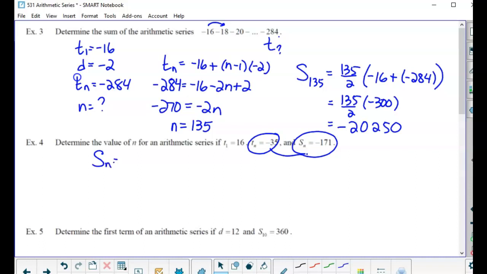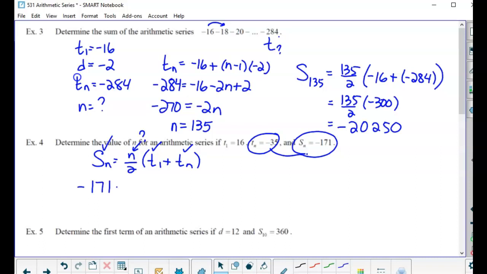So Sn equals n over 2 times t1 plus tn. So we're given t1, we're given the nth term and the nth sum, and we're asked to find out what n is. So that's our only unknown. So this one's pretty straightforward.